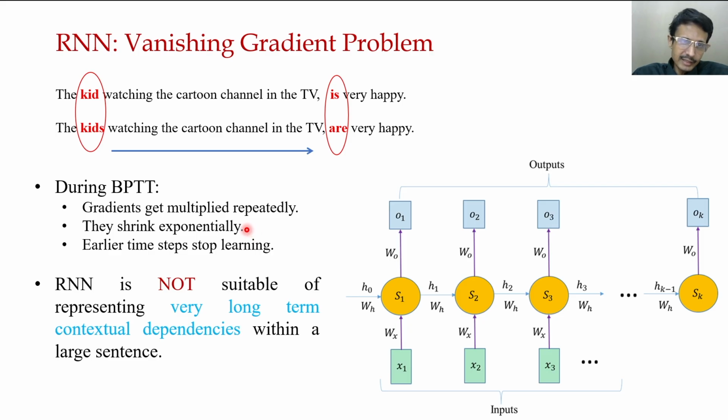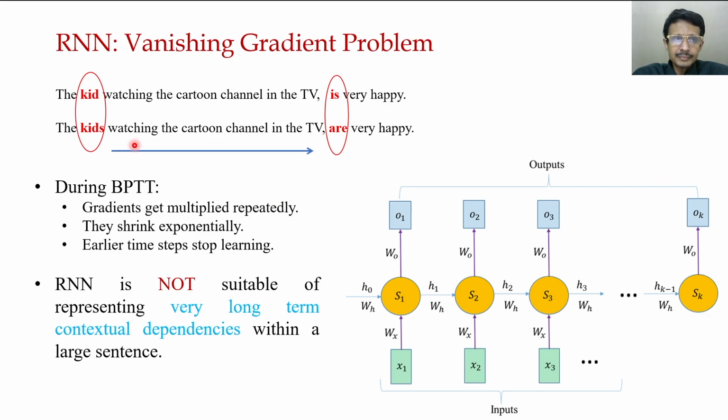And if it shrinks exponentially or becomes almost zero, then what happens? The earlier time steps stop learning, because we know that learning means weight updation, and weights are updated according to the error gradient and the learning rate, as we have seen.